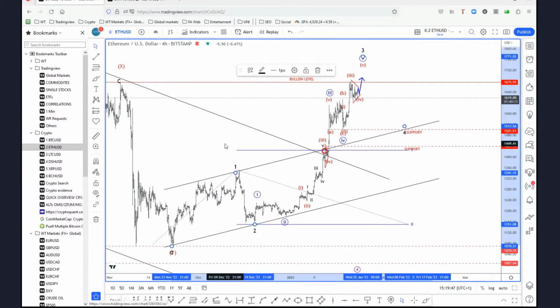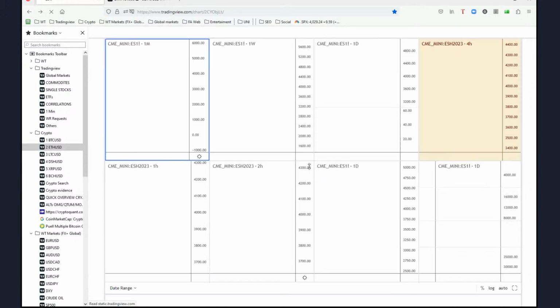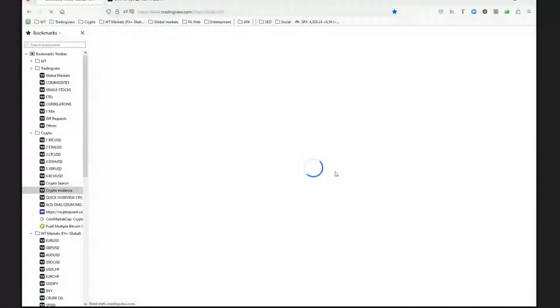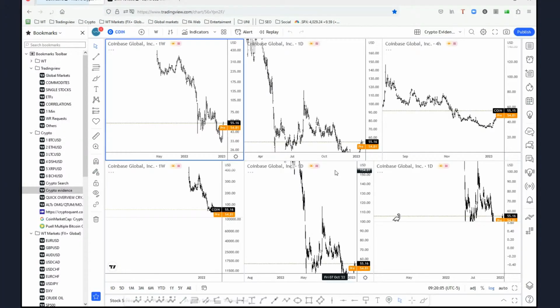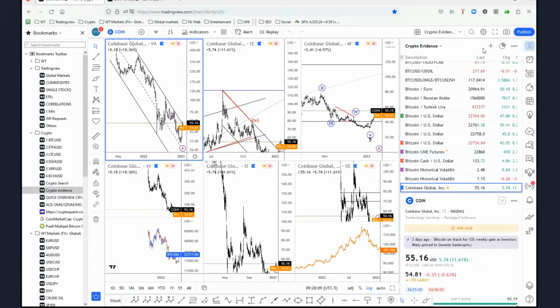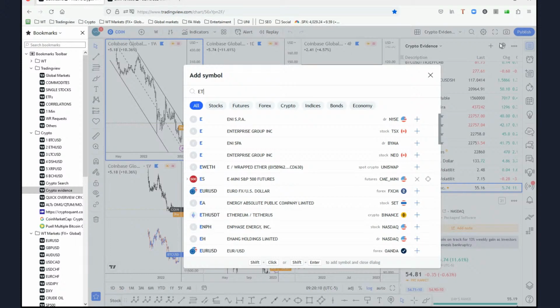So I will look at the ratios. I think I have it here. Just a second. No, I have to go to crypto evidence. Okay, and I have here, I think, Ethereum versus Bitcoin.